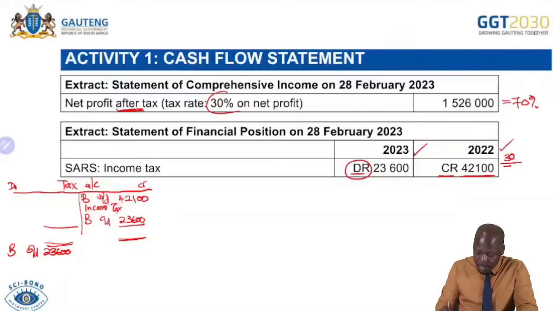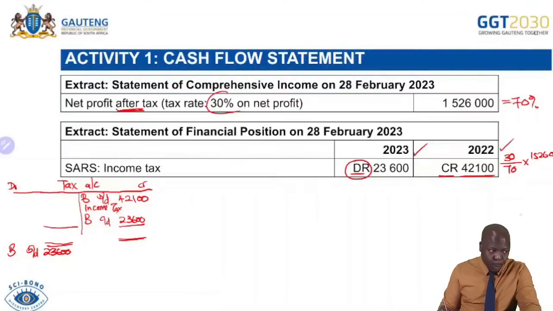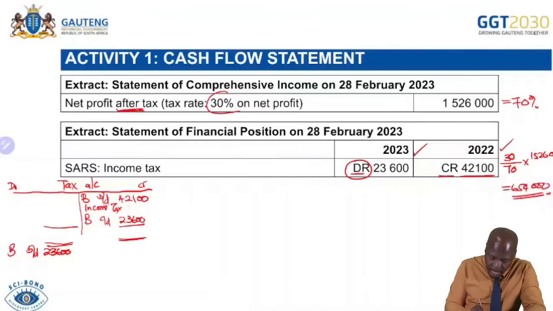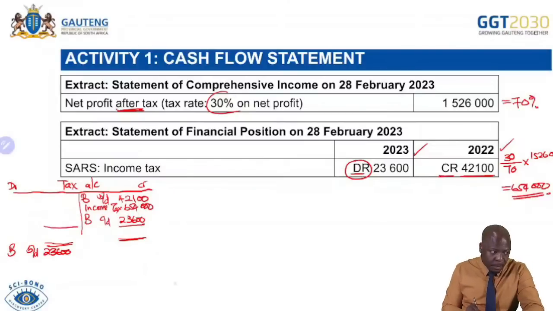What I have is 70 multiplied by 1,526,000. And when I punch that in my calculator, I'm saying 30 over 70 multiplied by 1,526,000, and then I'm going to have 654,000. The 654,000 therefore becomes my income tax. So I'm going to come here and I'm going to end up with 654,000. My income tax is 654,000.